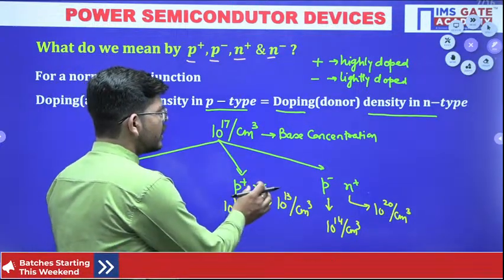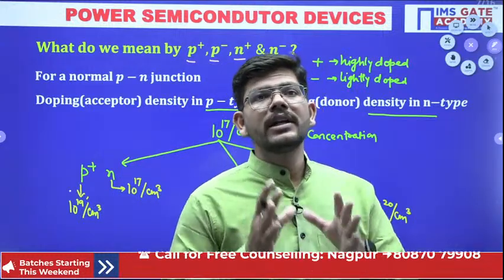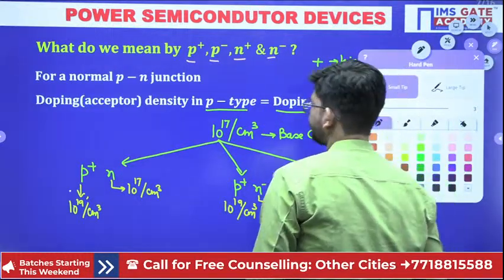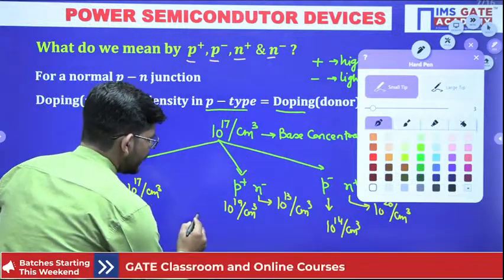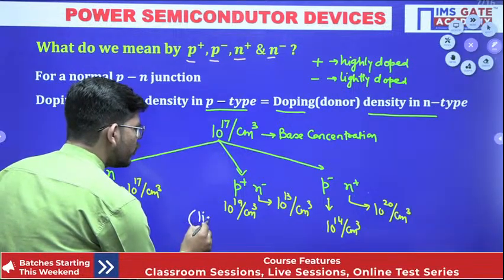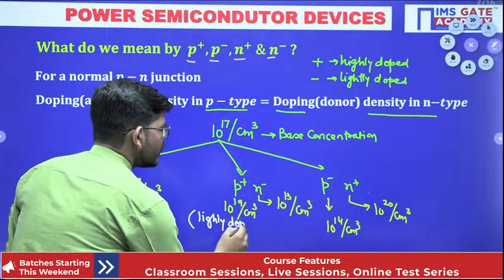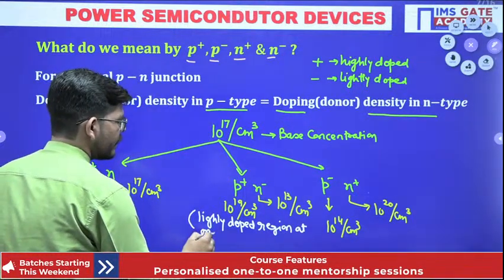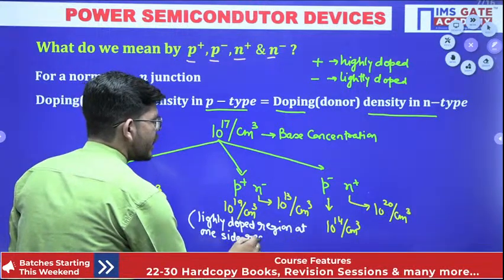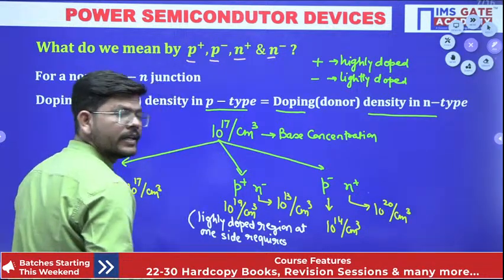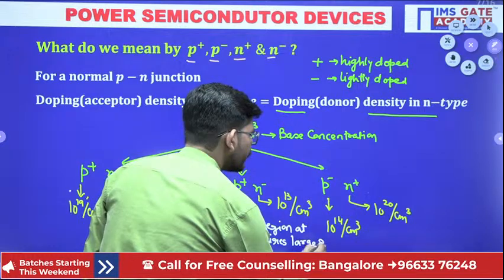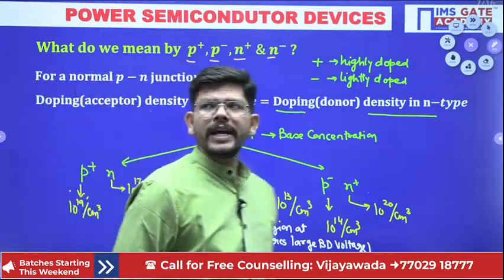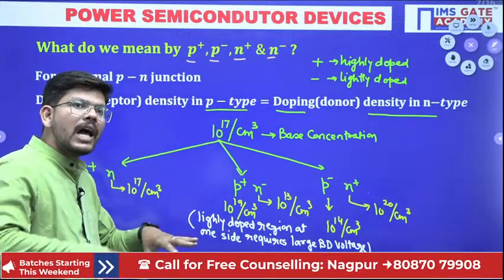Let me write it here: a lightly doped region at one side requires a large breakdown voltage.